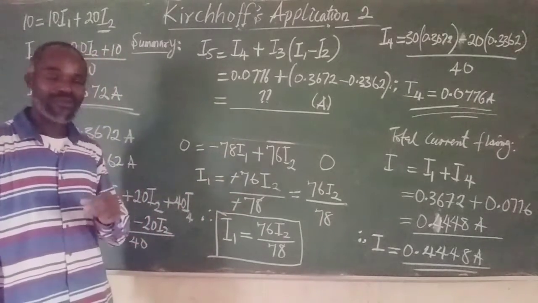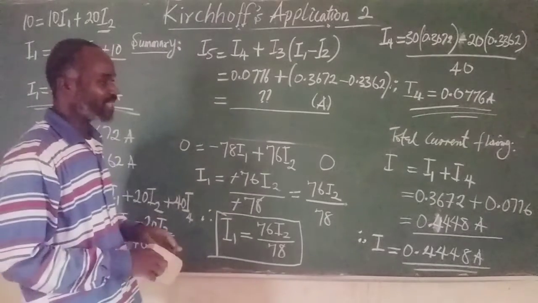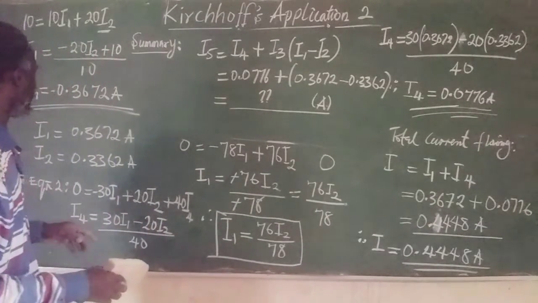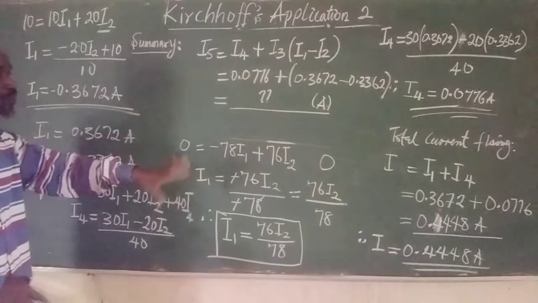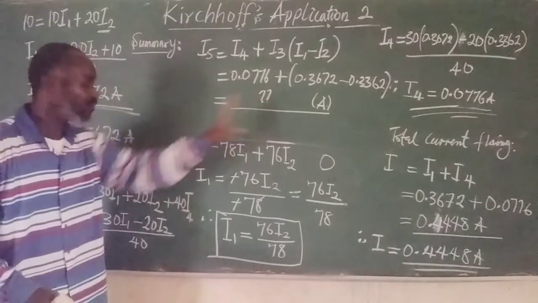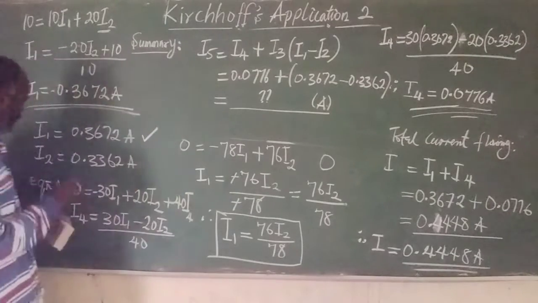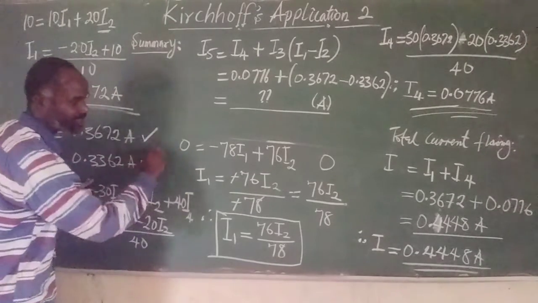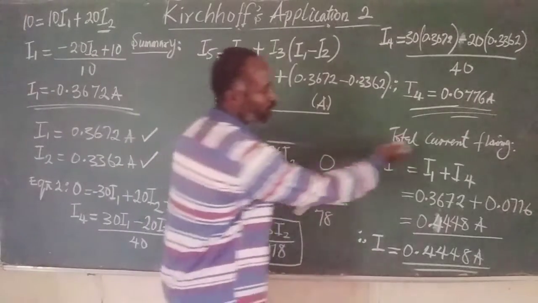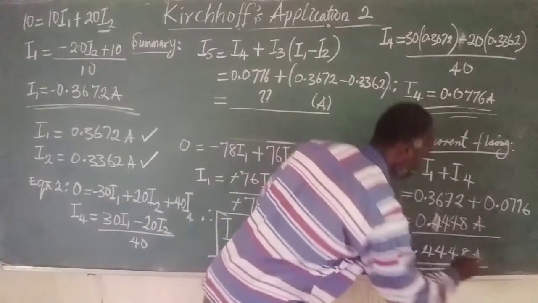As a reminder, let us recap what we have done. We used those equations to find the value of current 1, and this is it. We found the value of current 2, this is it. We found the value of total current flowing in the system, and this is it.